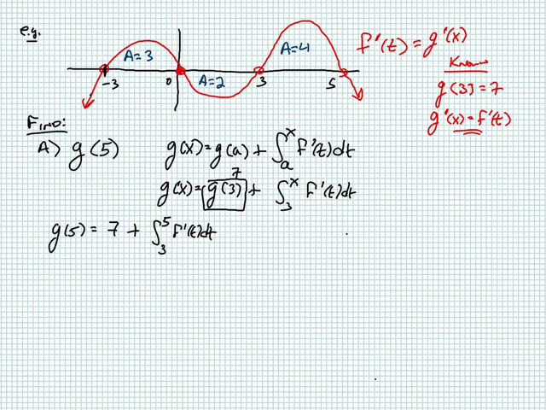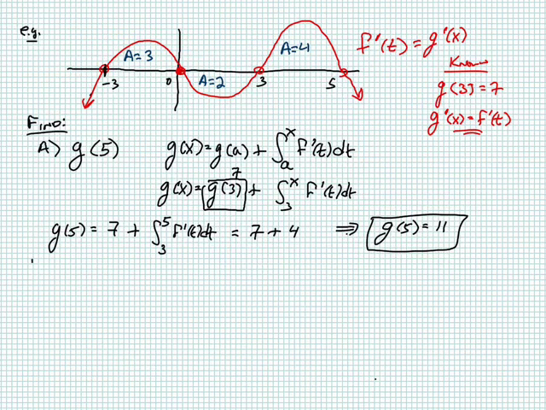So g of 5 is going to be equal to 7 plus the area represented by this definite integral, which is 4. So therefore, g of 5 is equal to 11. And what this tells me is that on the graph of g, the original graph, because the graph that's shown is the derivative, the y value at x equals 5 is 11.